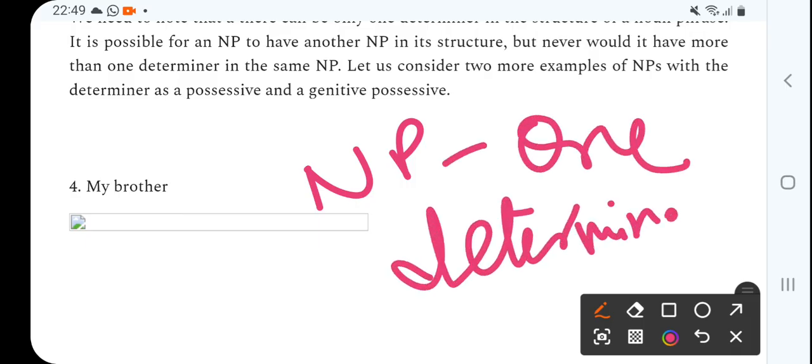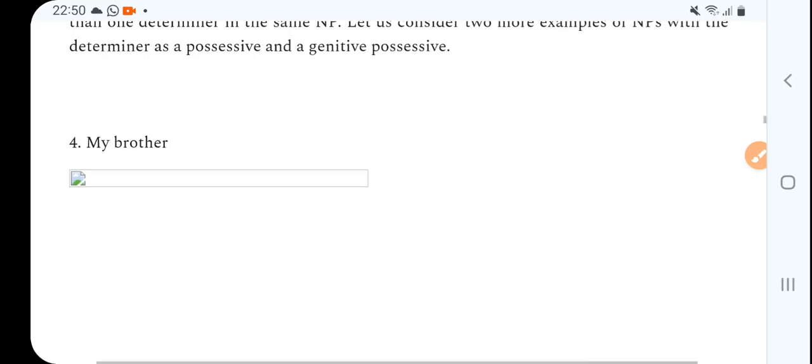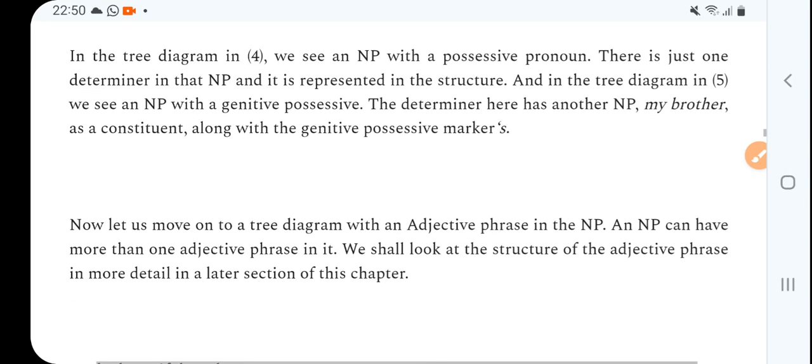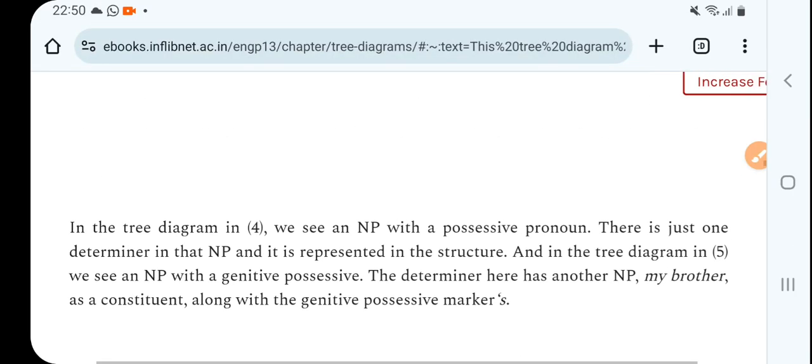Now let us consider two more examples of a noun phrase with a determiner: "my mother", "my brother". In tree diagram 4 we can see a noun phrase with a possessive pronoun. What is a possessive pronoun?